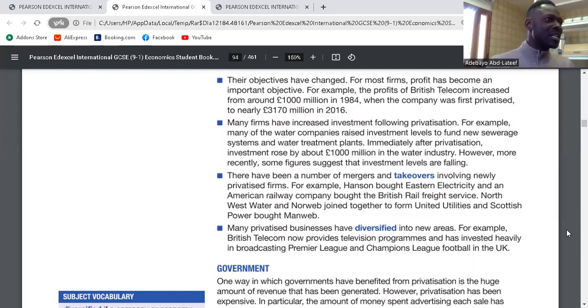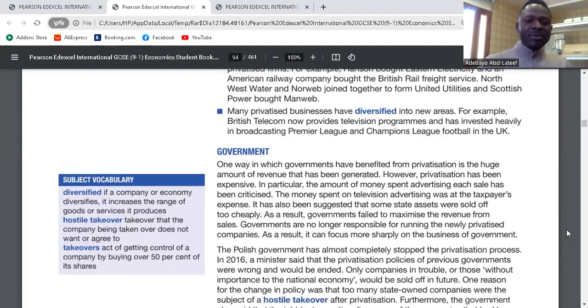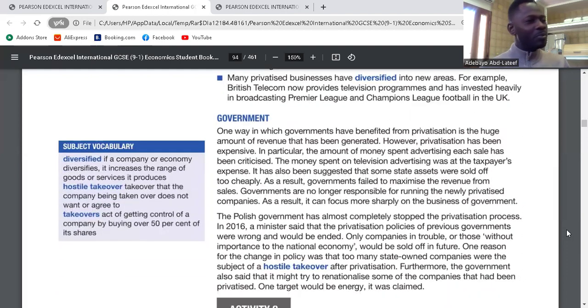Unlike when it is restricted by the law, now there's no government interference, there's no government intervention. You bought it, you can handle it, you can do whatever you want with it. So that is for the businesses. The businesses have that liberty to diversify, to find a way of making it profitable with efficiency. That is for the business. Clear? Therefore, governments. How will privatization impact on government?